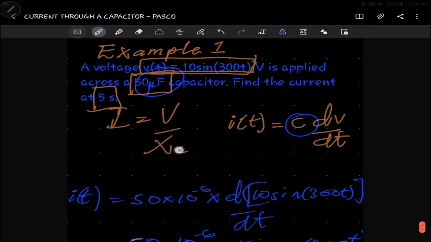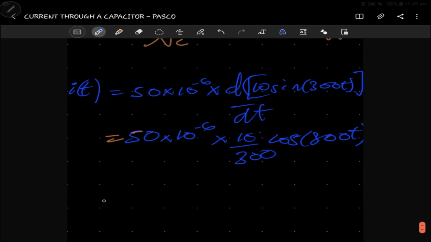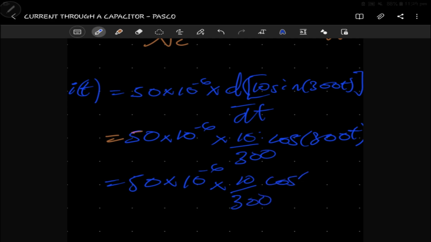Because we want t at 5 seconds, we put 5 in. So we'll simplify: cos of 300 times 5 is what will give us the final answer, the current we are looking for, which is sinusoidal.